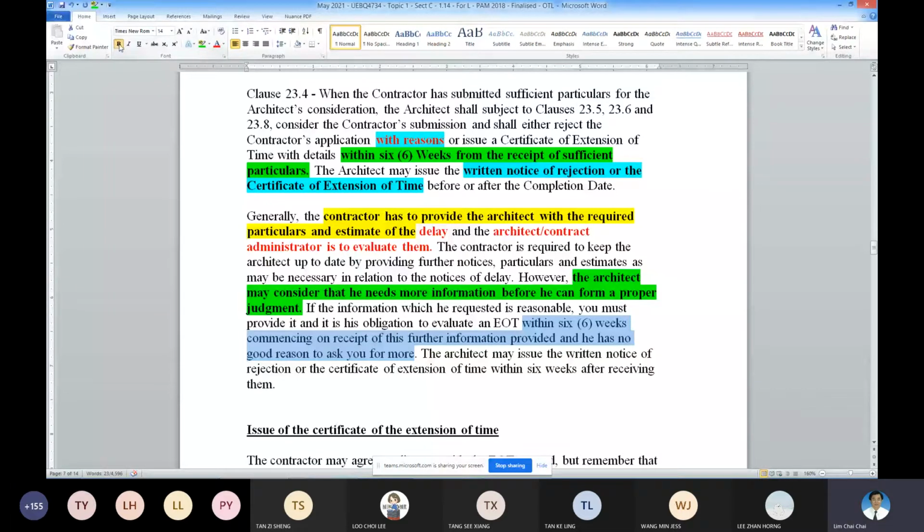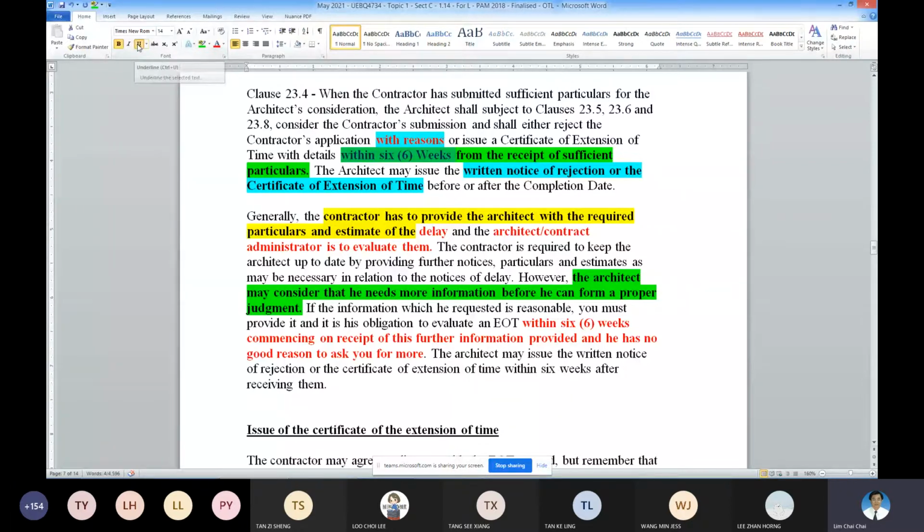So you can see, if the architect has any query to the contractor, he will have another 6 weeks to do the evaluation. If there is no more query, then the architect needs to do it within 6 weeks of the first submission. This one is the second submission, so also within 6 weeks of the second submission by the contractor.